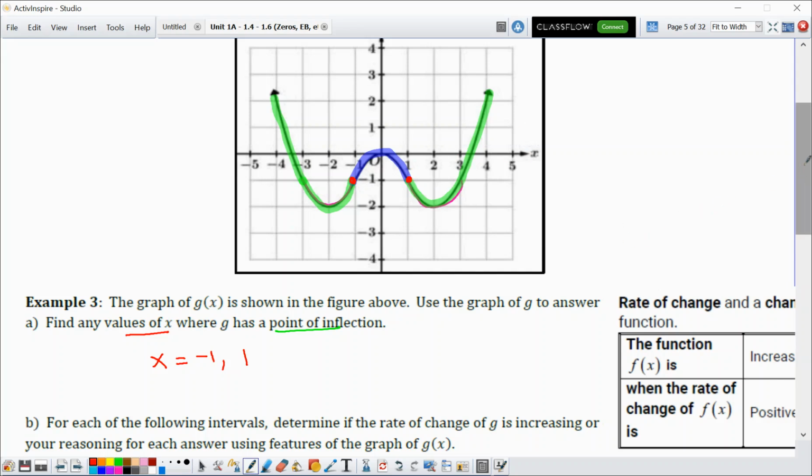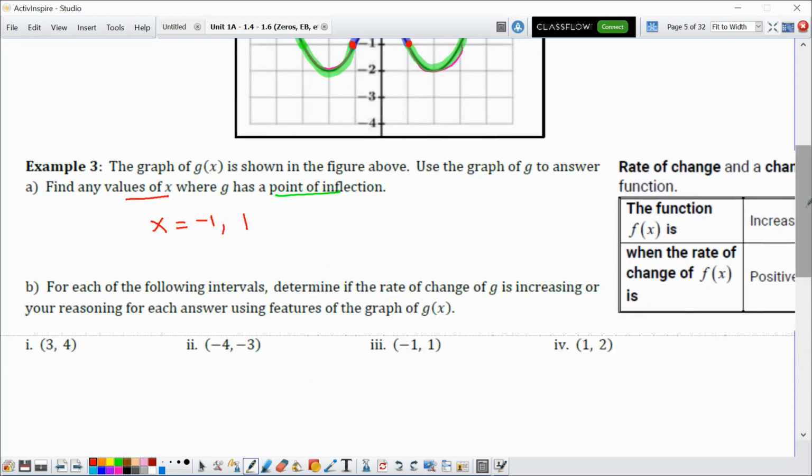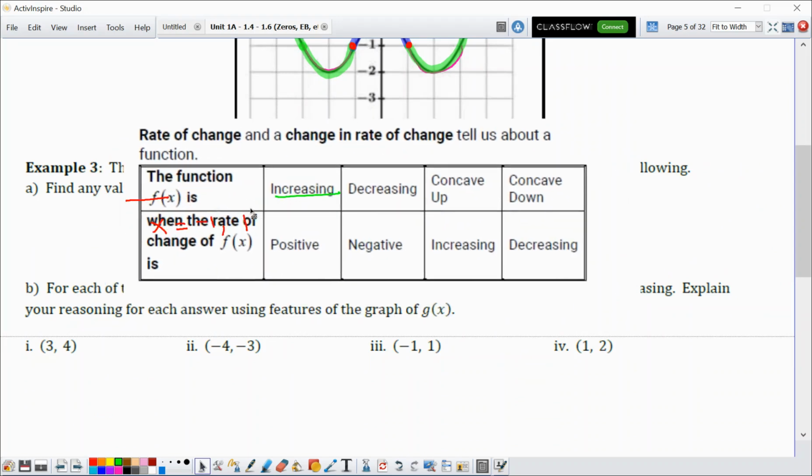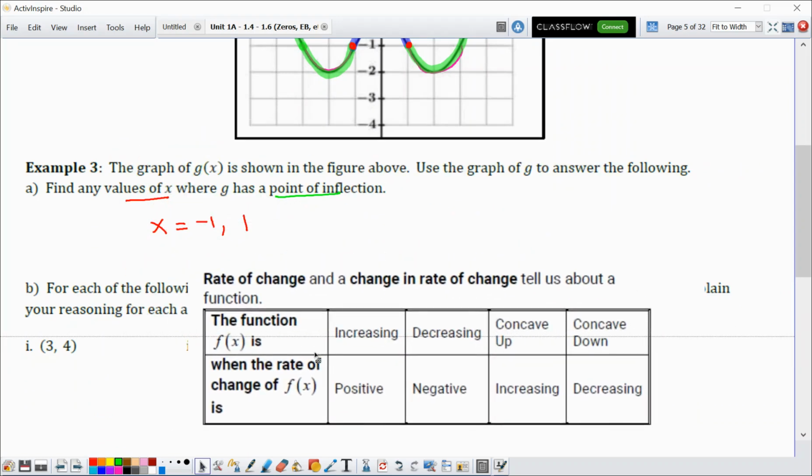Now we have to understand the rate of change. A quick review from the previous section: rate of change and the change in rate of change tell us about the function. If the function is concave up, rate of change is increasing.